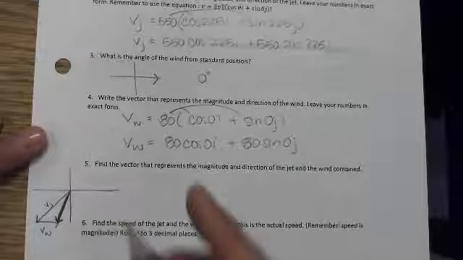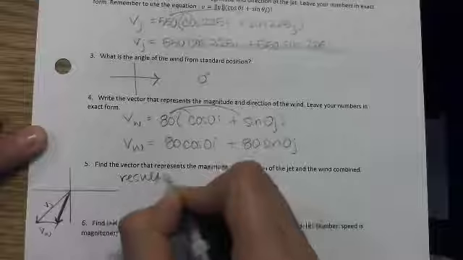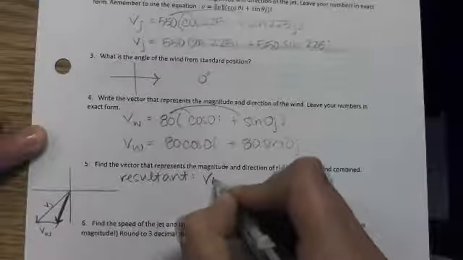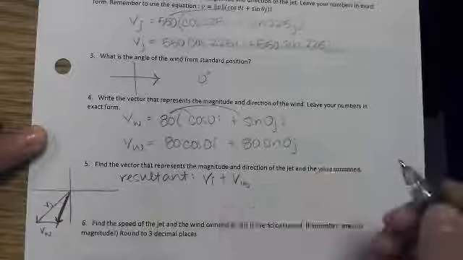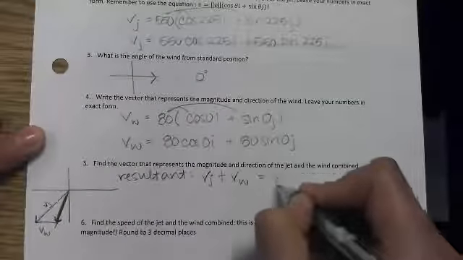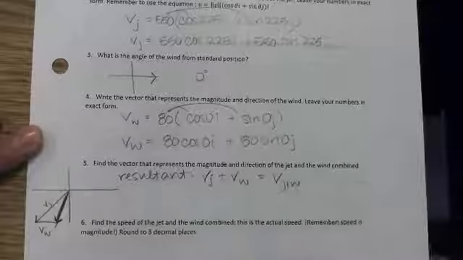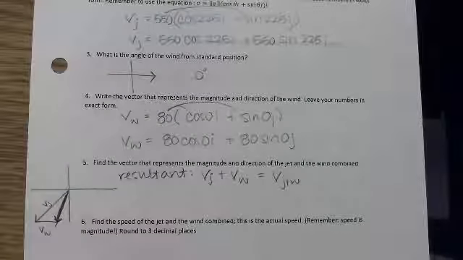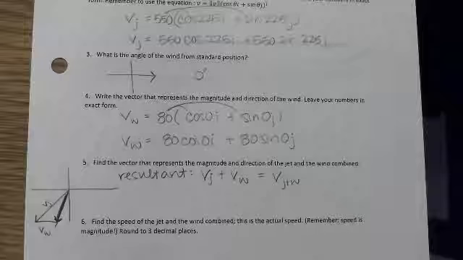Does that make sense? So this part right here, the resultant, would be the vector of the jet plus the vector of the wind. And the notation that we use for that is vector of the jet plus wind. We put them together.